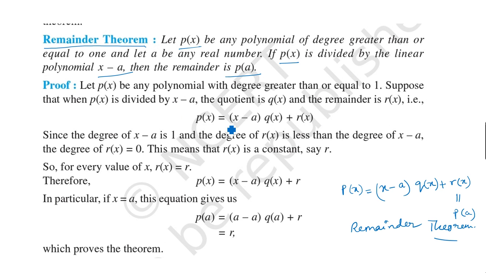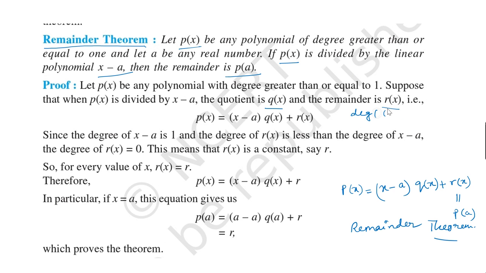Our proof follows in this way. We know that we can always find a quotient Q(x) and a remainder R(x) such that P(x) equals x minus a into Q(x) plus R(x).